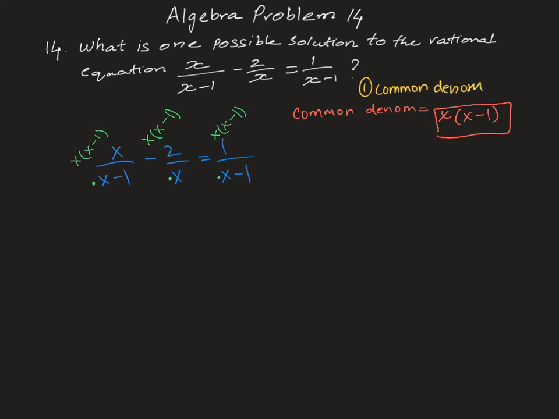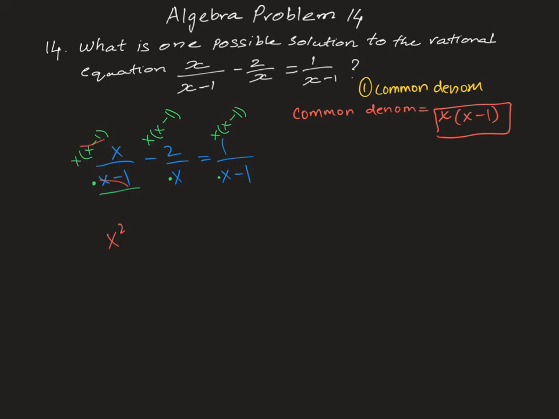So over here we have x minus 1, and we can take x minus 1 and cancel it off. Now we're left with x times x, which is just x squared.